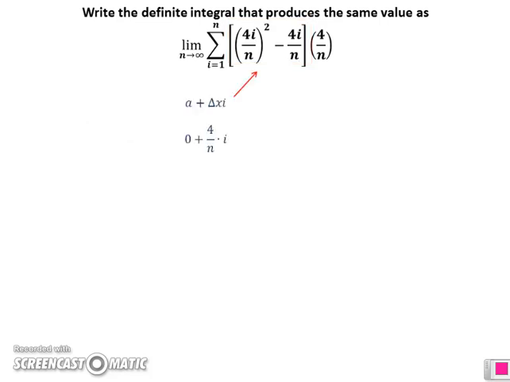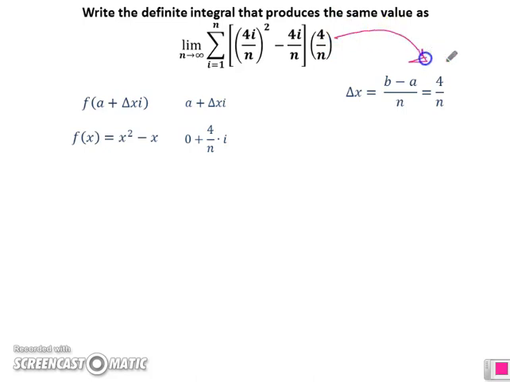And a, check this one out. This one's different. There's no plus. It's a plus delta x times i, but there's no addition in this. So a is 0 this time. There's no adding. So here's our summary. The distance between a and b is 4.